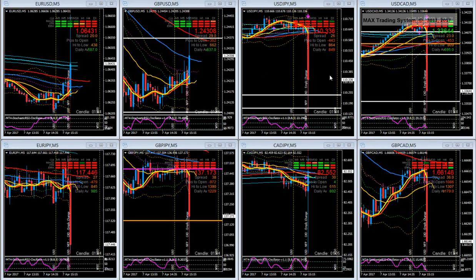Usually when we have a surprise, if the retracement has been deep enough, we can consider, on the next candle for example, trading in the direction of the news. And so we can go short for the pound CAD, short with the USD CAD, short with the USD yen, long with the euro US dollar, long with the GBP US dollar.